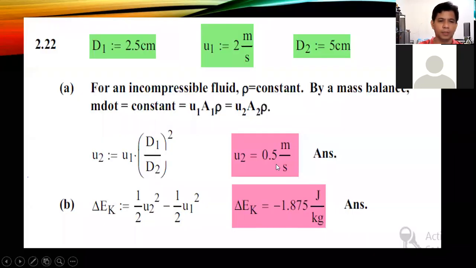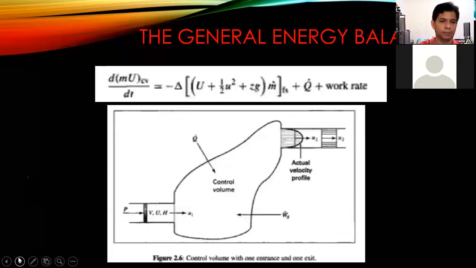So ito yun: 0.5 meter per second at saka negative 1.875 joules per kilogram. Okay, so let's continue our derivation.